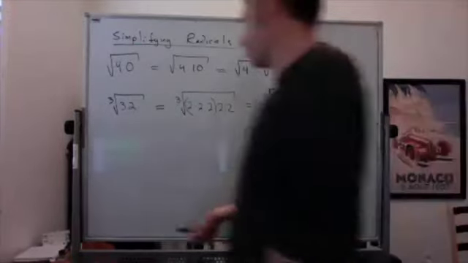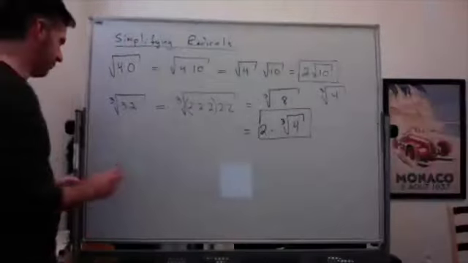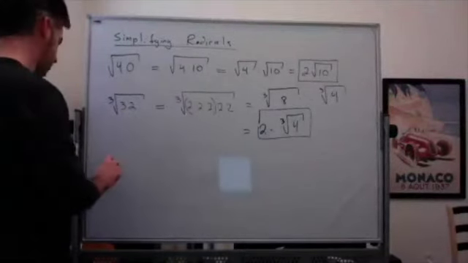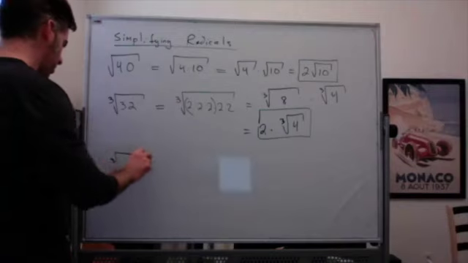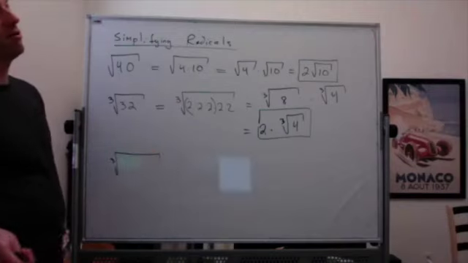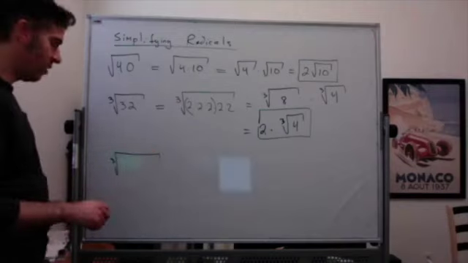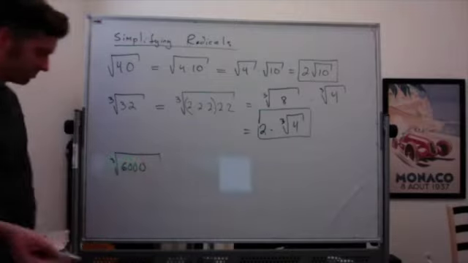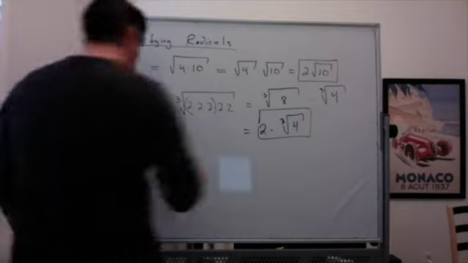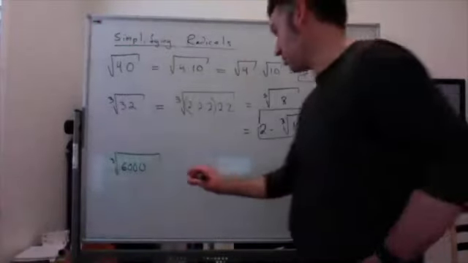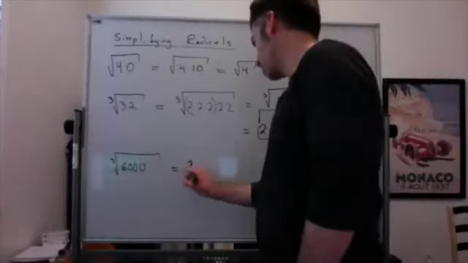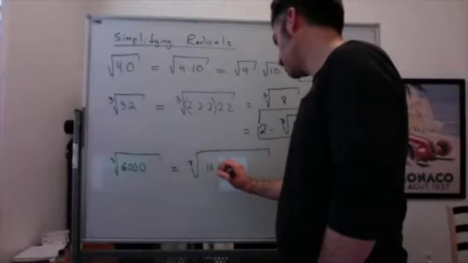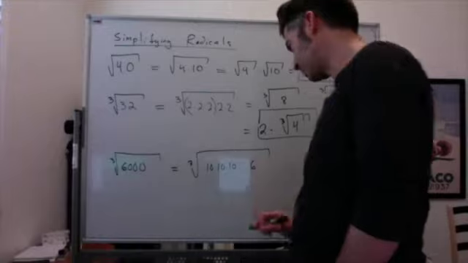So for one more example, let me think here for a second. If I was trying to simplify, sure, the cube root of, I'll make something up that's silly, like say 6,000. Here's what I'm seeing. I can say that this is equal to the cube root of 10 times 10 times 10 times 6.